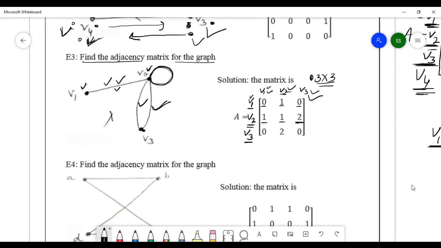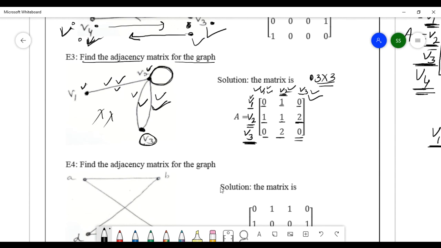So start from V3 to V1. This is V3 and this is V1. Here no edge, so here 0. Now V3 to V2. This V3 and this V2, here 2 edges exist. So here write 2. And now V3 to V3, here no loop. Same point, this V3, so 0. This way.